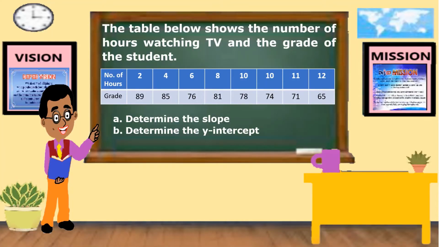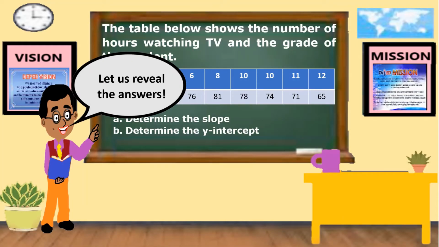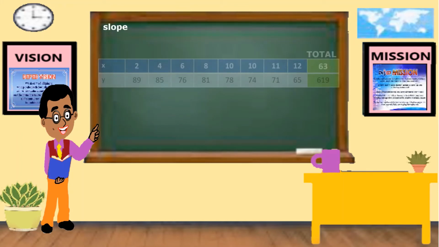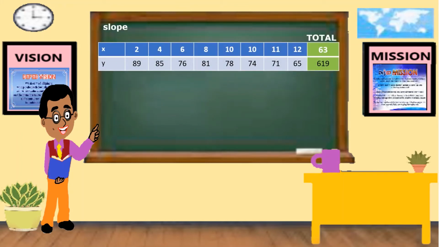A few moments later. Let us reveal the answers. Slope: the sum of x is 63 and the total for y is 619.